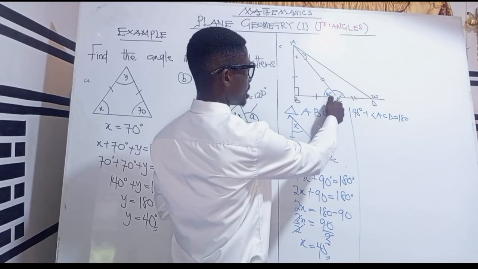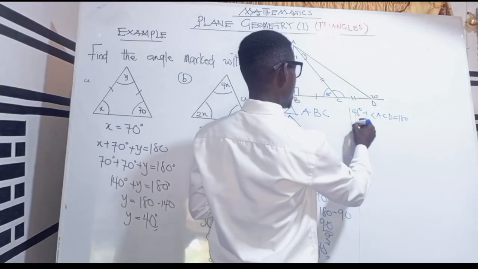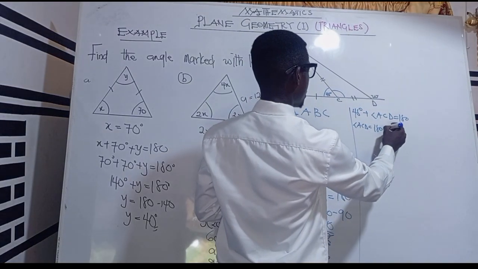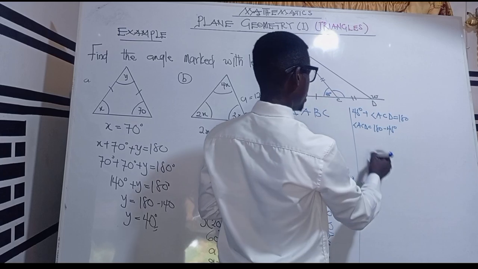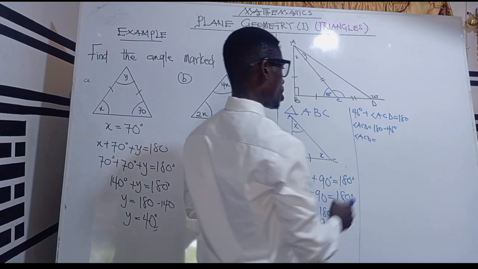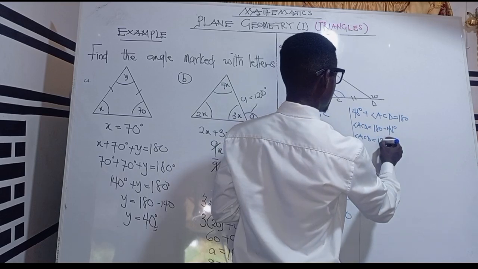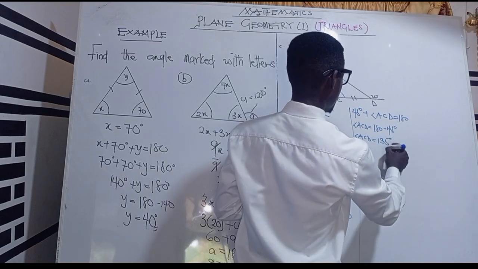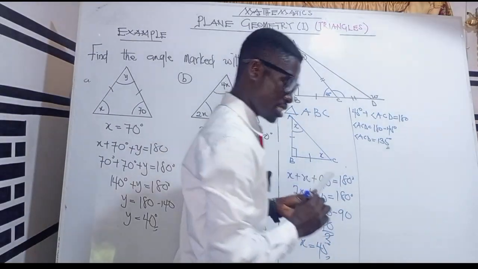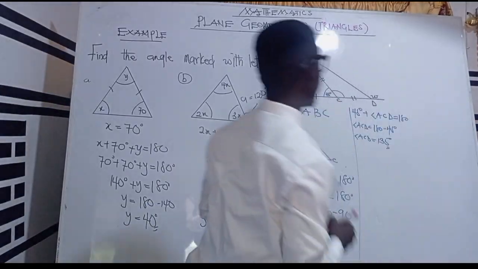So angle ACD is this very angle. So you can say that angle ACD is equal to 180 minus 45 degrees. So our angle ACD is equal to 135 degrees. So this angle is 135 degrees.